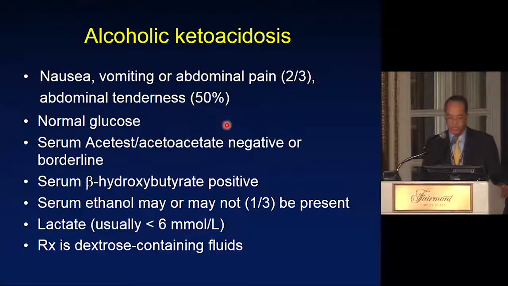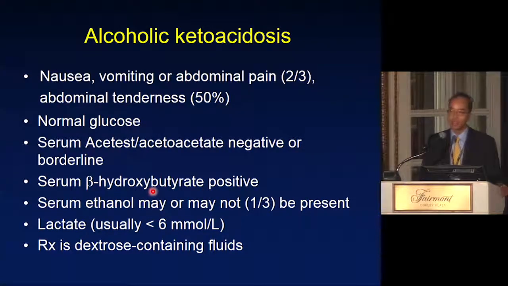Okay, alcoholic ketoacidosis. Like all ketoacidoses, this often presents with nonspecific symptoms: abdominal pain, abdominal tenderness, nausea, vomiting. Unlike diabetic ketoacidosis, the glucose would be normal. The predominant ketone that's generated is beta-hydroxybutyrate, so a classic finding is that beta-hydroxybutyrate may be positive, but acetoacetate or acetone might be negative or borderline.